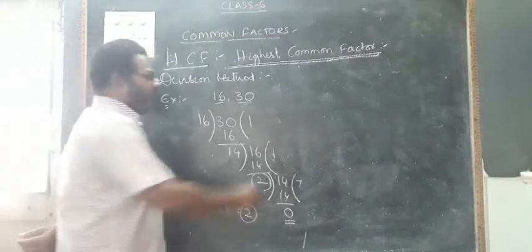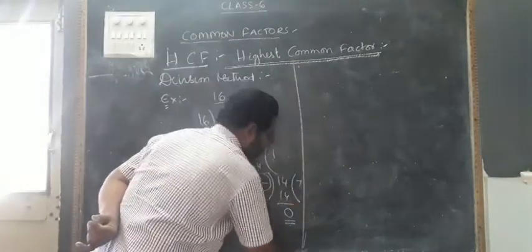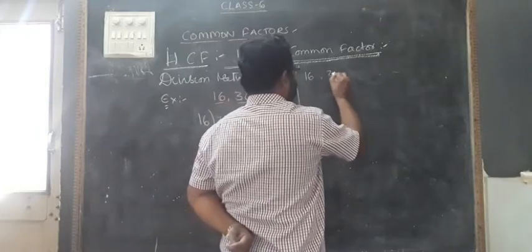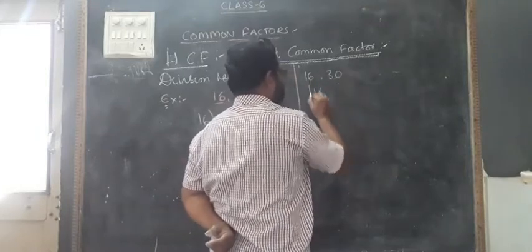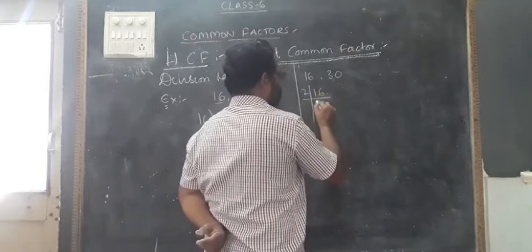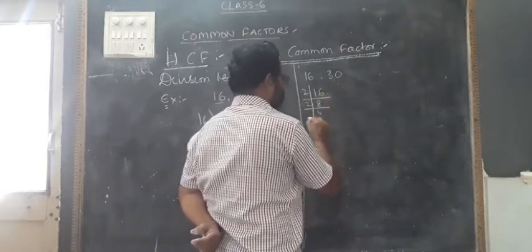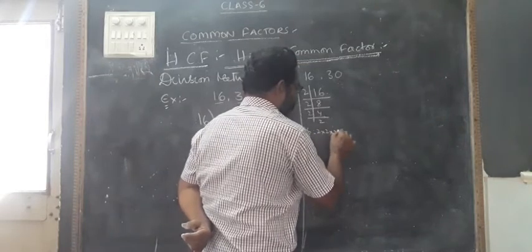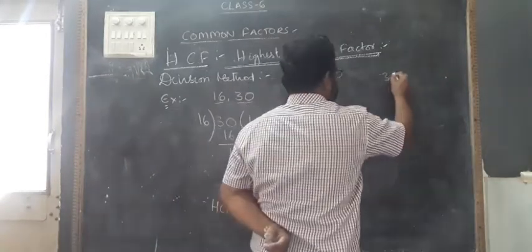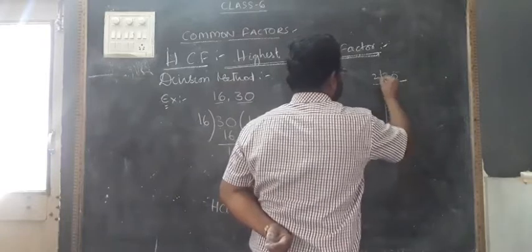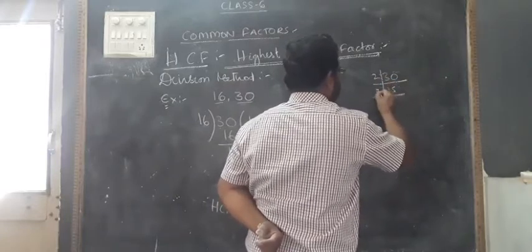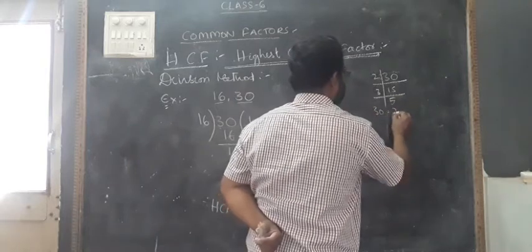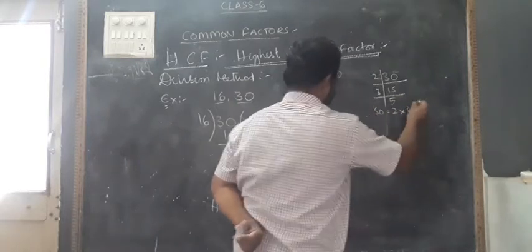Okay. The same thing we can find with the help of prime factorization, for 16 and 30. 16: 2 8 is 16, 2 4 is 8, 2 2 is 4. That means 16 is equal to 2 into 2 into 2 into 2. Next, 30: 2 15 is 30, 3 5 is 15. So 30 is equal to 2 into 3 into 5.